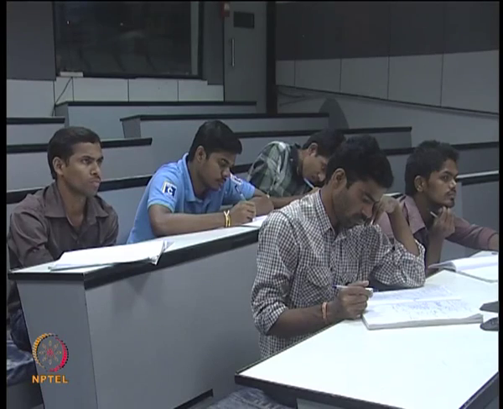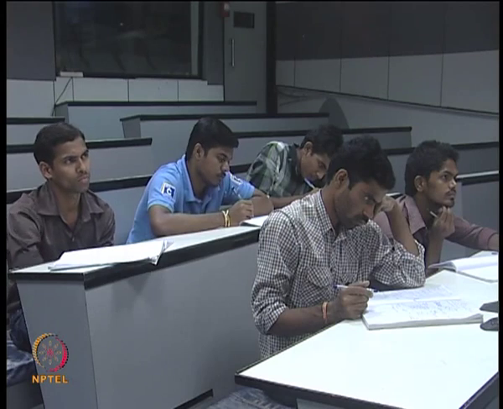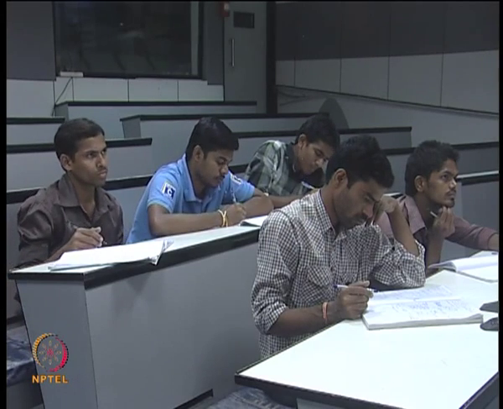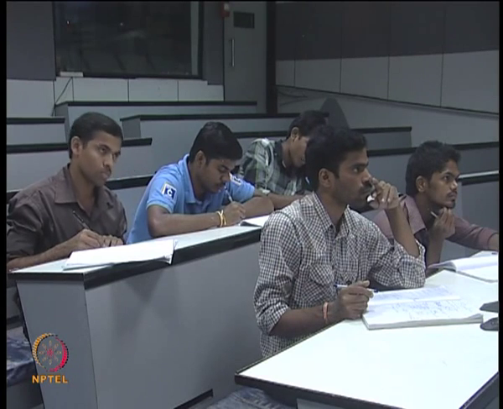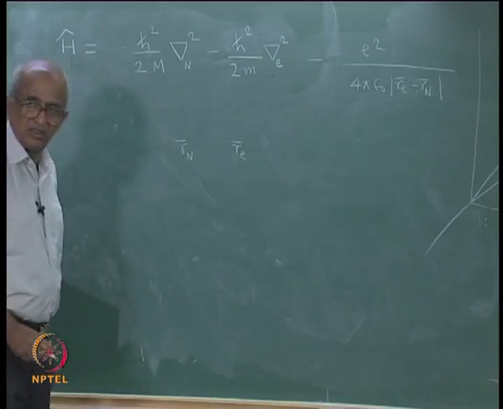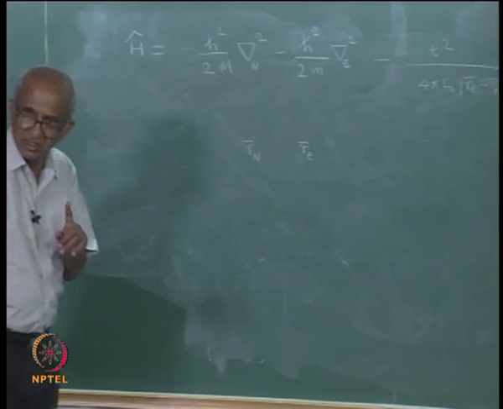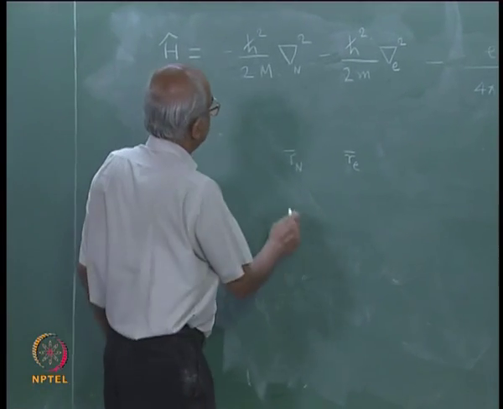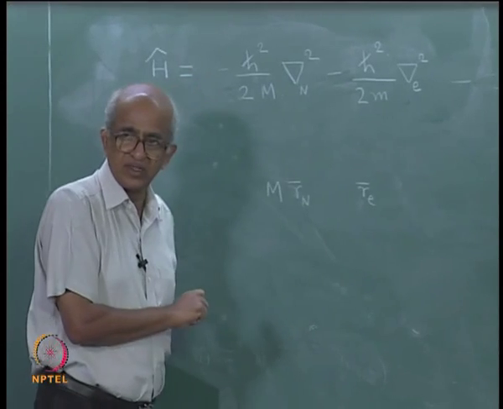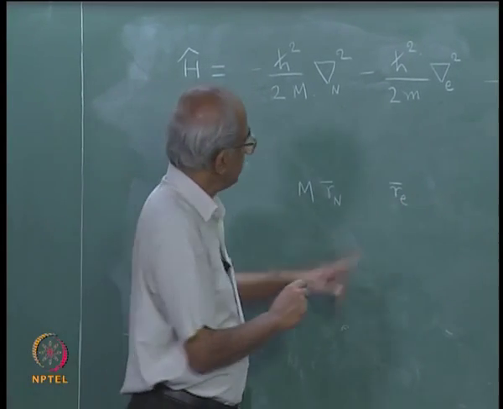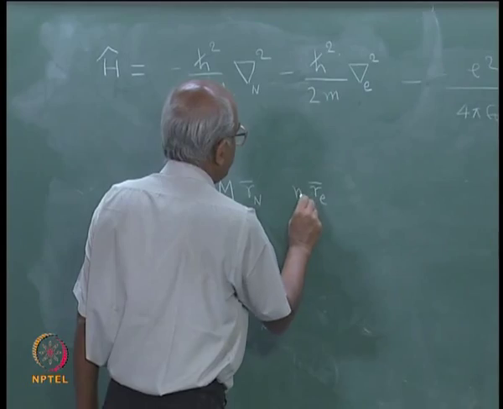So, I have an electron which is located at Re, and I have a nucleus which is located at Rn. Now, this has a mass which we denote as capital M, that is the mass of the nucleus, and this has a mass which we denote as small m.